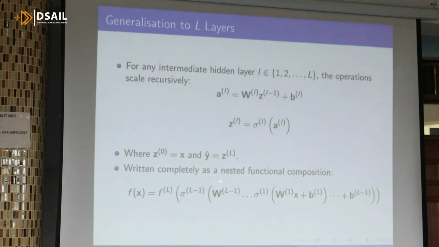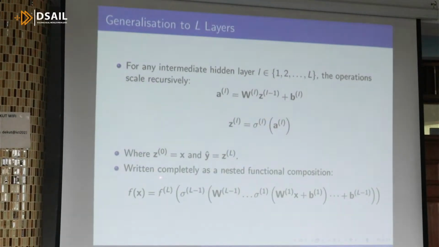We can write this completely as a nested functional composition. It's a nested function where you have W1X as your input plus B, and then you activate that and so on and so forth. You perform operations until you get to layer L, where you perform some activation function in the final layer.